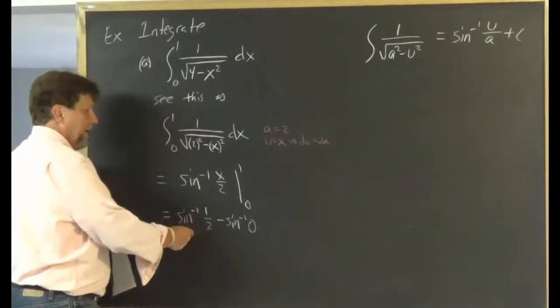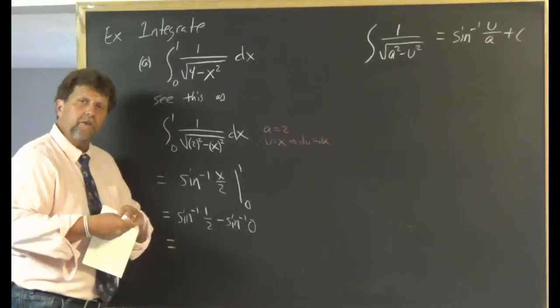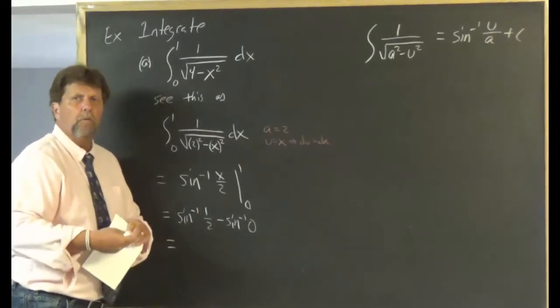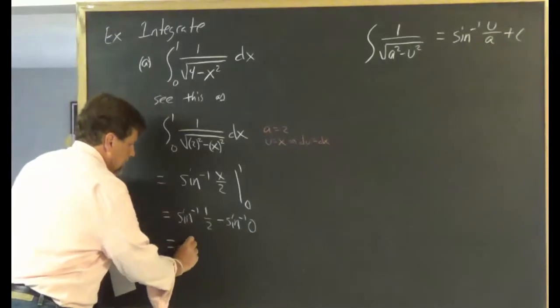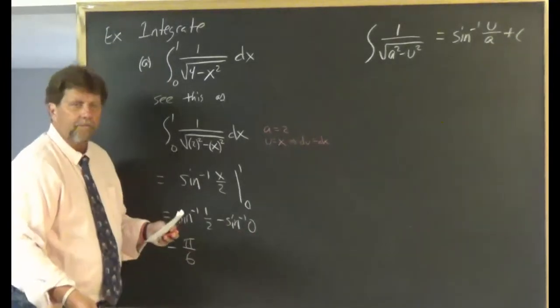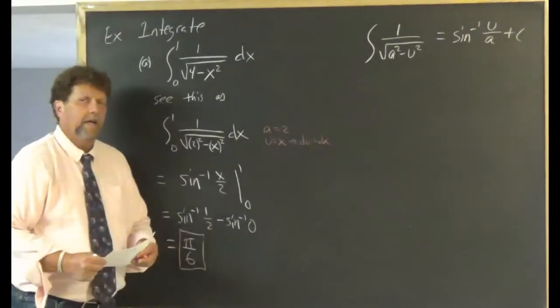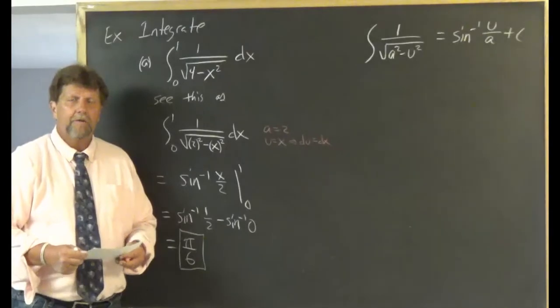Inverse sine of 1/2, I'm thinking of an angle on the right half of the unit circle that when I do the sine of that angle, I get 1/2. That angle is pi over 6. And inverse sine of 0 is 0. So this definite integral had a value of pi over 6.